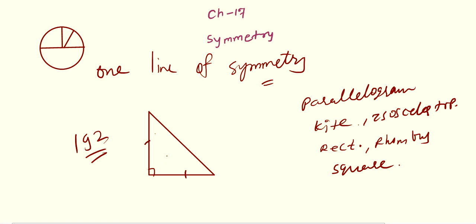These two sides are not equal. So line of symmetry is not possible. But in isosceles right angle triangle, these two sides are equal. So from there line of symmetry is possible. Okay, so just remember this. Then how we can identify that sides are equal or not? Simply you will have hyphens like this. Okay.